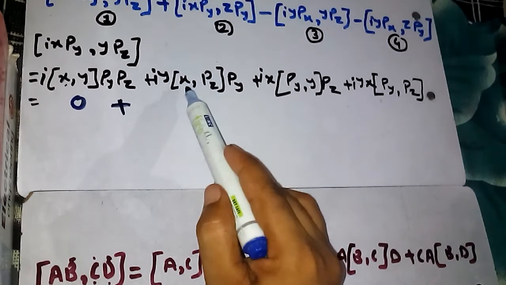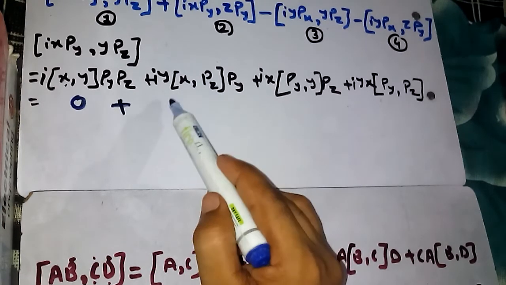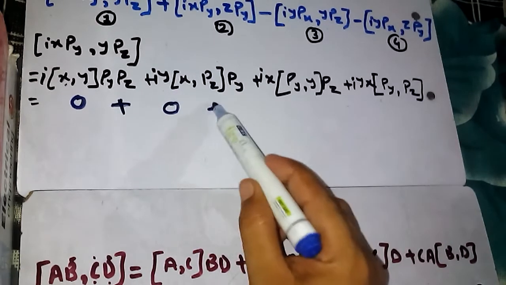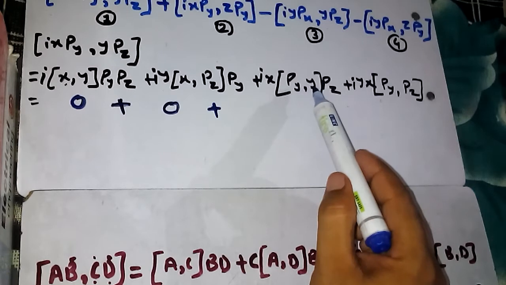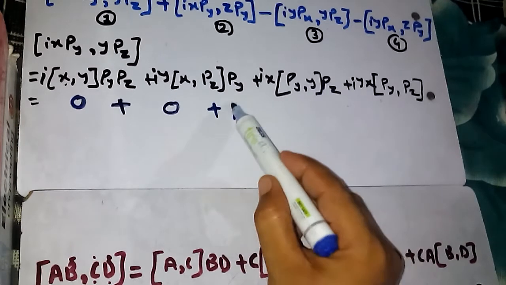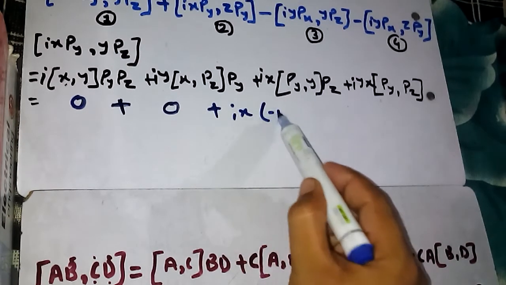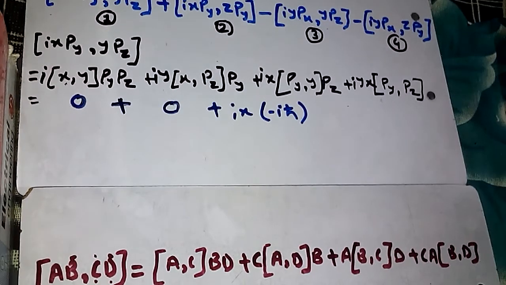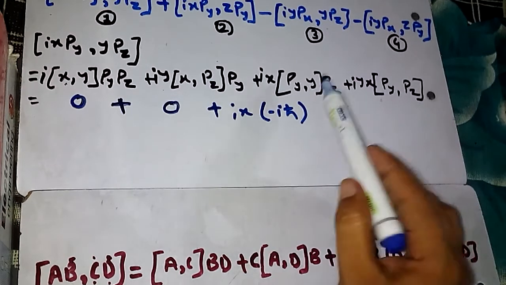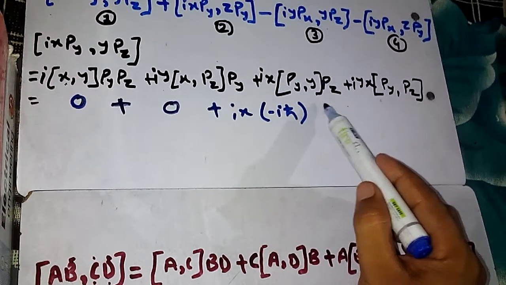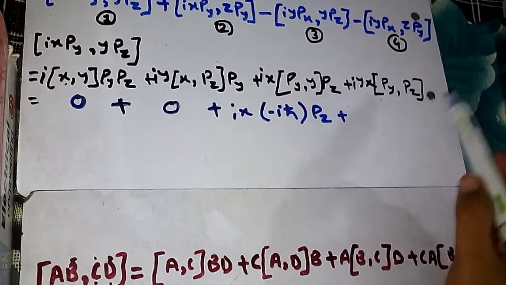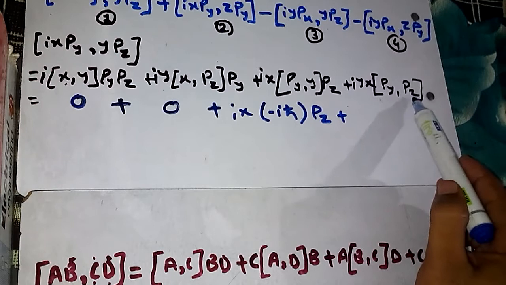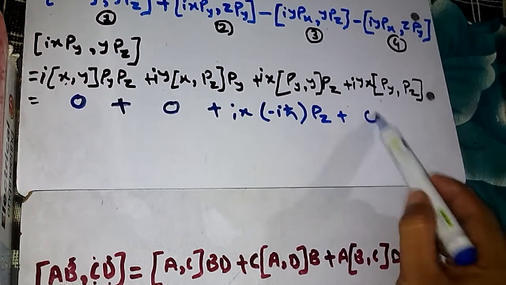So this is the x component of position, but this is the z component of momentum, so this commutation relation is also 0, so the whole term is also 0, plus py y, and this is minus i h cut, and this is pz, plus this is the commutation of two momentum operators, and we know commutation of two momentum operators is 0, so this term is 0.